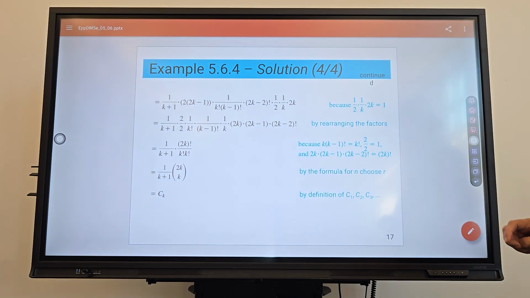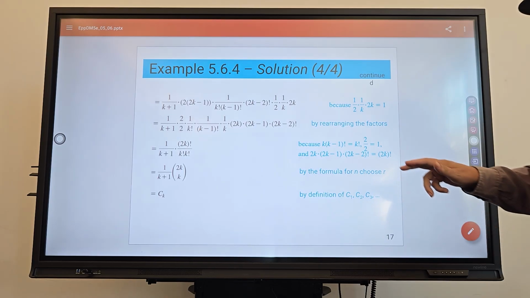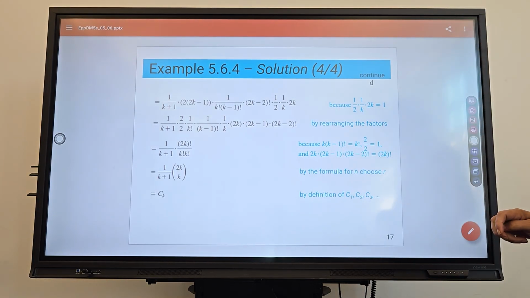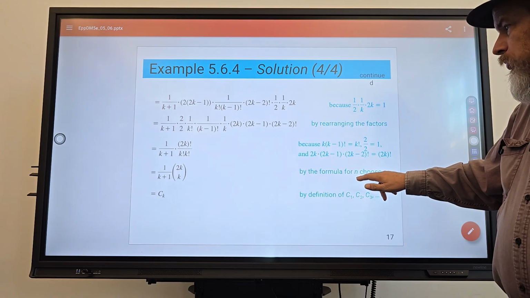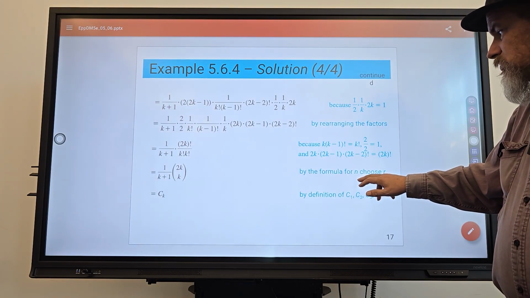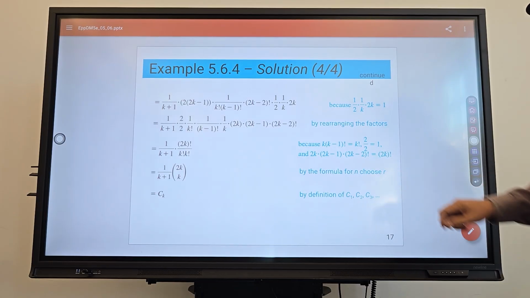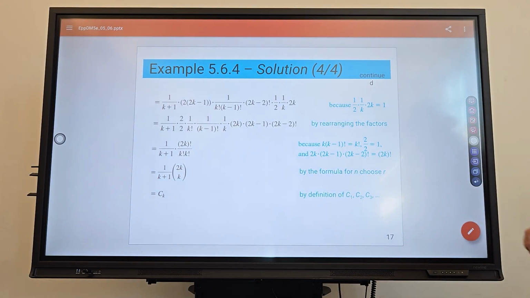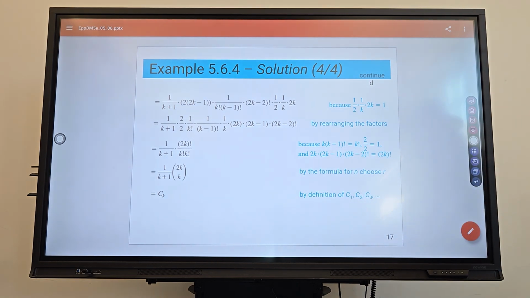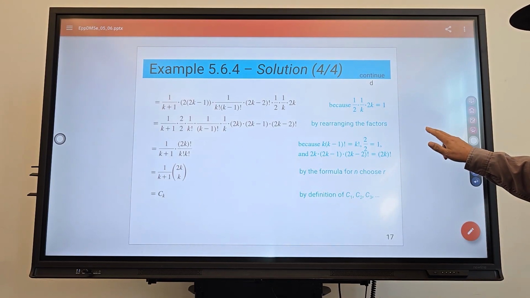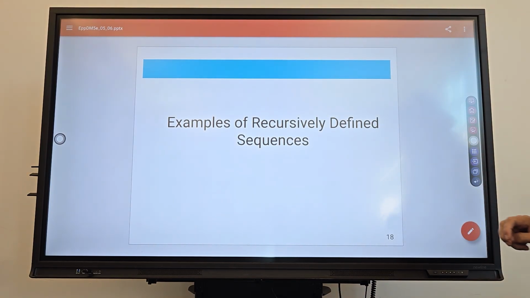It gets pretty messy in here, but rearrange the factors again and consolidate, substituting again the formula for n choose r, and that's the definition of c sub k. A bit of a mess, but it's possible.